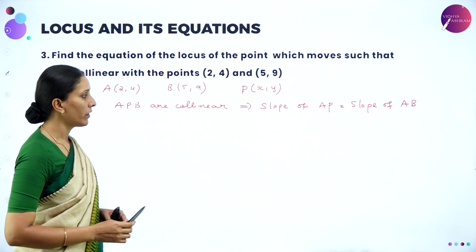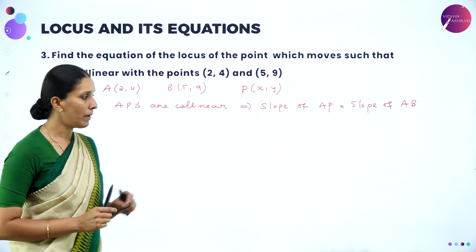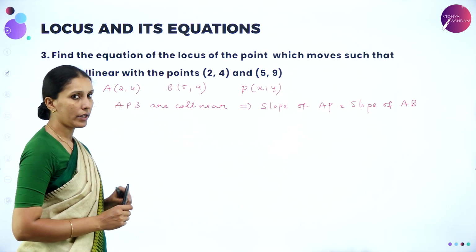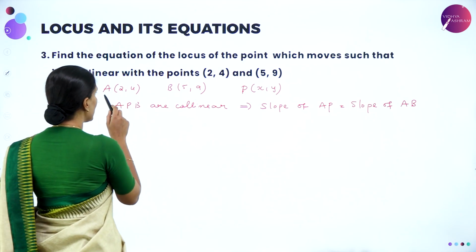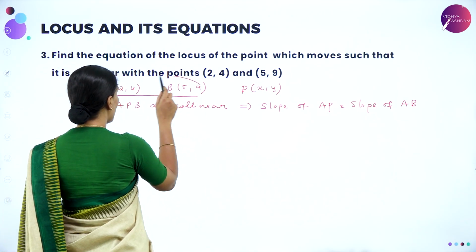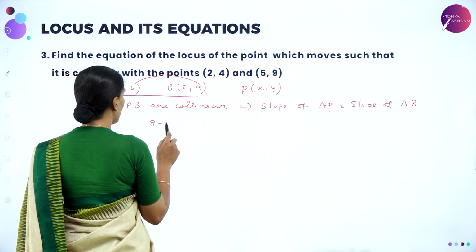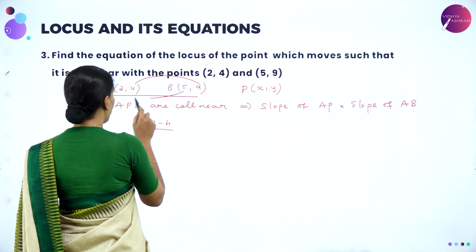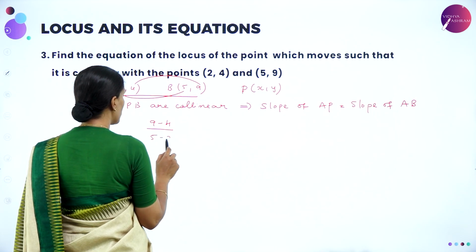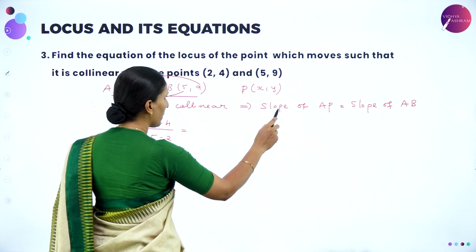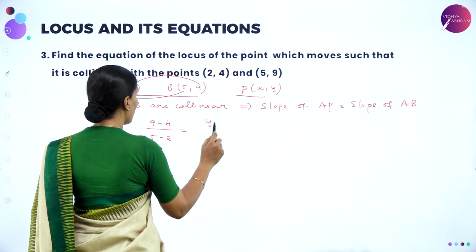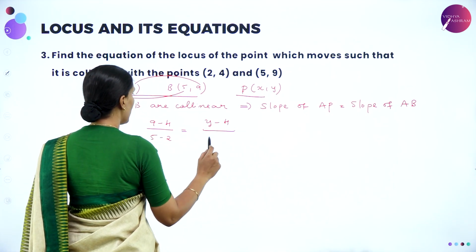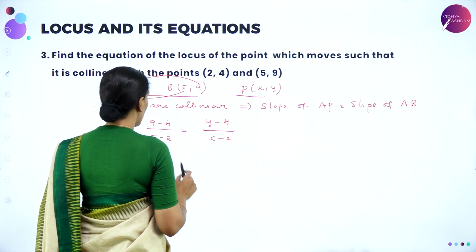Now the slope of any line segment is given by the difference in their y coordinate with respect to the difference in their x coordinate. So now let me consider first AB. The difference in their y coordinate is 9 minus 4 divided by the difference in their x coordinate 5 minus 2. So this is equal to the slope AP. Now let's take A and P. So it becomes y minus 4 divided by x minus 2. Now let us solve this.